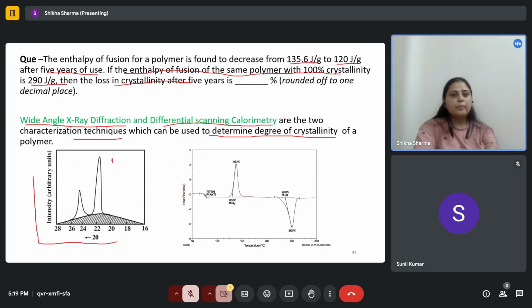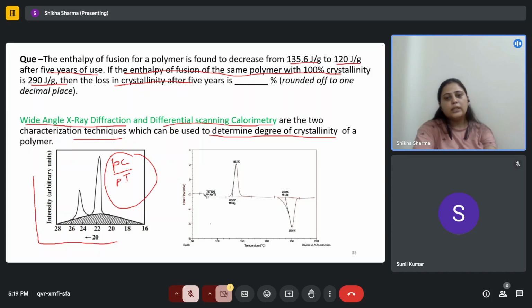The area under the crystalline peak divided by the total peak area, meaning the amorphous and the crystalline part, will give the degree of crystallinity, how much of the sample is crystalline.